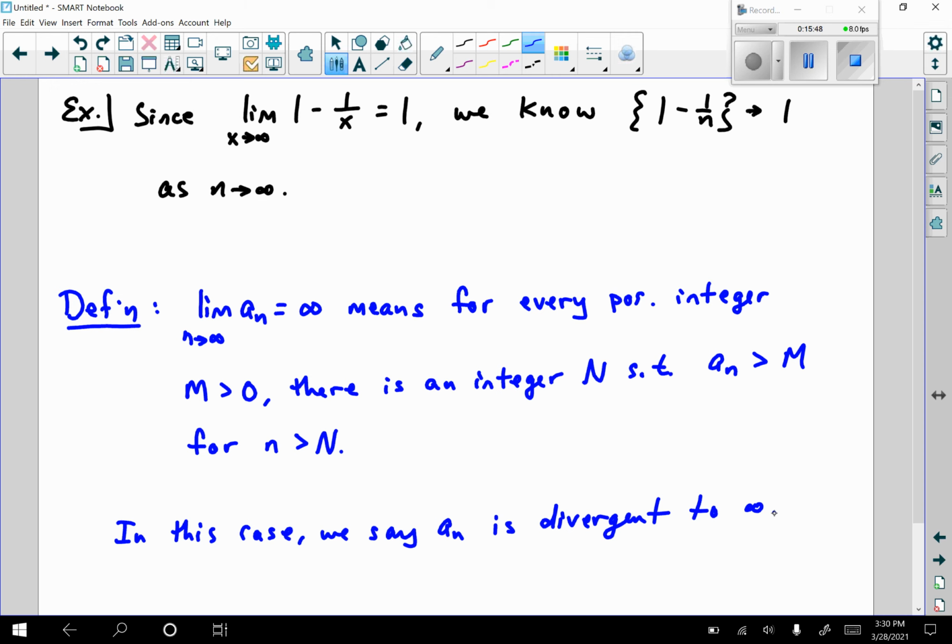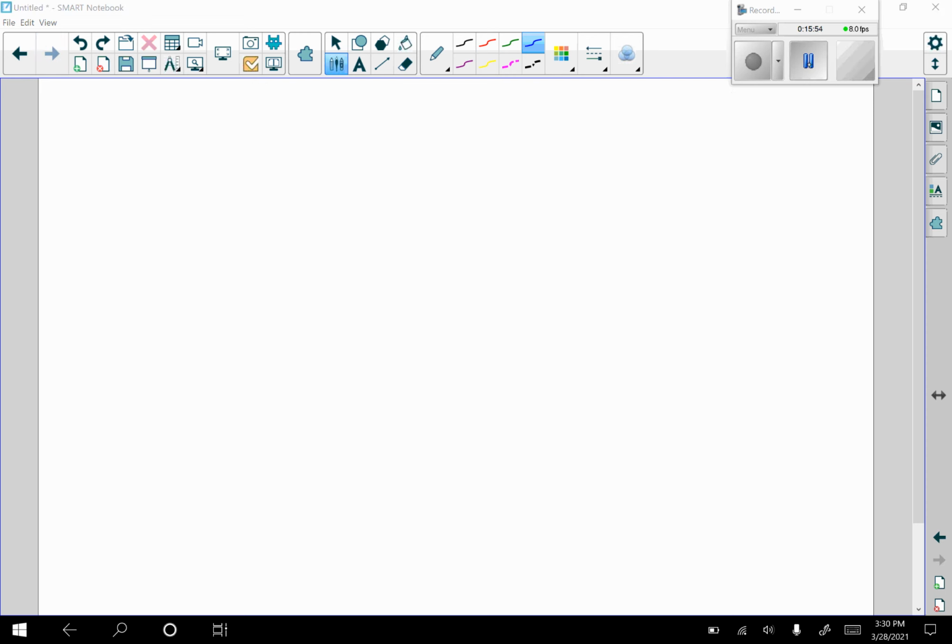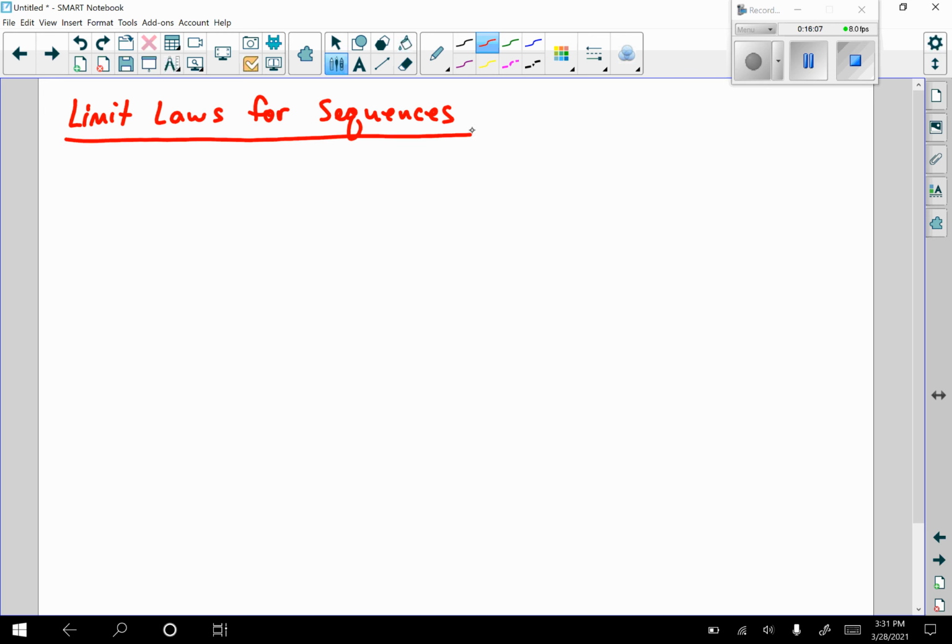Now, just as there were limit laws back in Calculus 1, there's limit laws for sequences. So let's take a look at those. We're going to refer to two sequences here. First, we have a sub n and then b sub n.